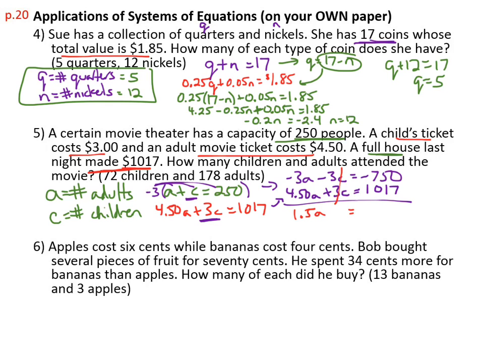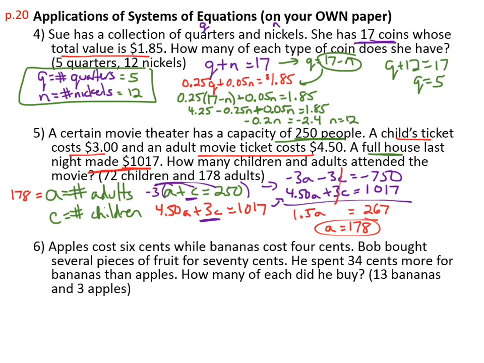And on the other side, my -750 and my 1,017, that's going to leave me with 267. And then dividing both sides by the 1.5, I can see the number of adult tickets sold was 178. So my number of adults was 178 adult tickets.